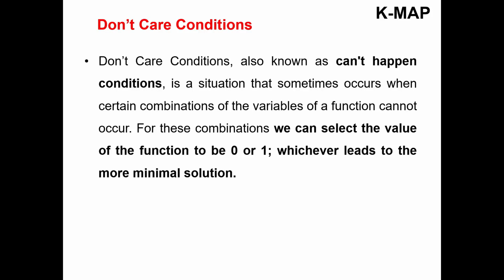For these combinations, we can select the value of the function to be 0 or 1, whichever leads to the more minimal solution. I am again repeating, whichever leads to the more minimal solution.